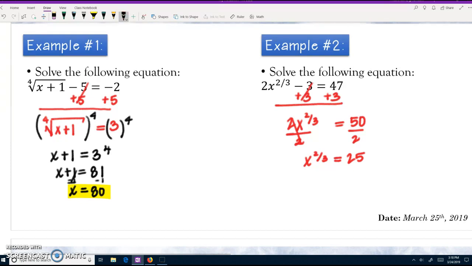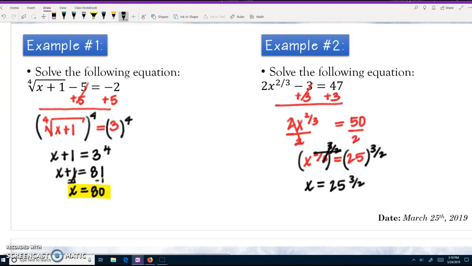Now that the fractional exponent is fully by itself, I can get rid of it by raising it to the reciprocal power. So in this case, to the 3/2 power. Those values will cancel because the 3's cancel, the 2's cancel, and we're simply left with x. So x is equal to 25 to the 3/2 power.